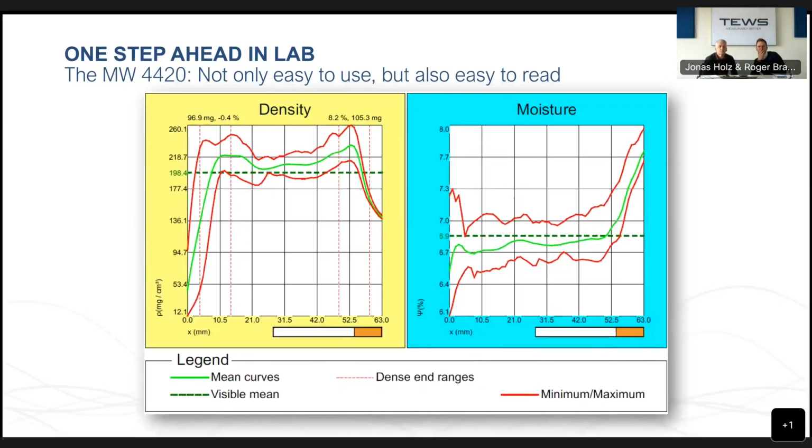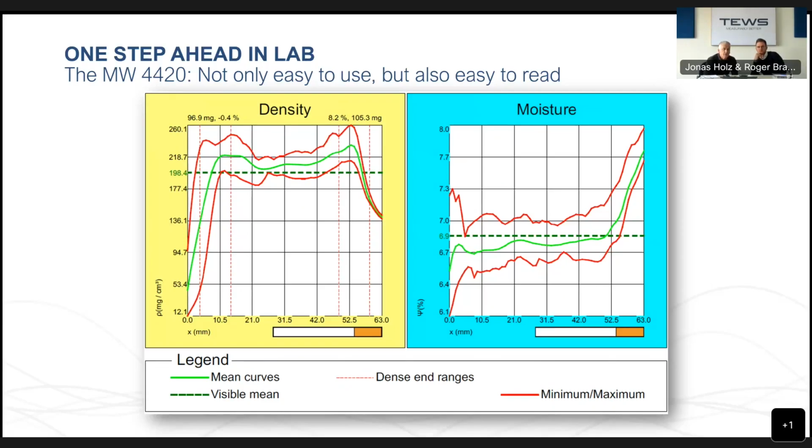So on this print and also on the display of the machine, we always have the green line for the average of those 24 cigarettes at each millimeter position.